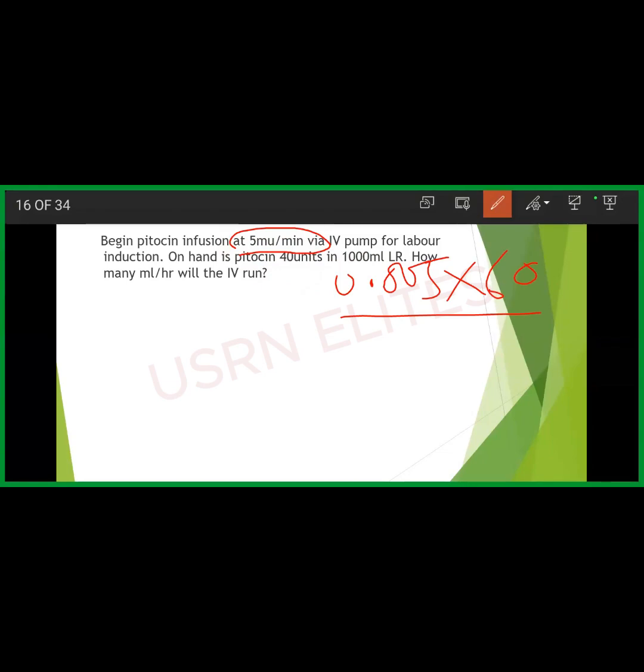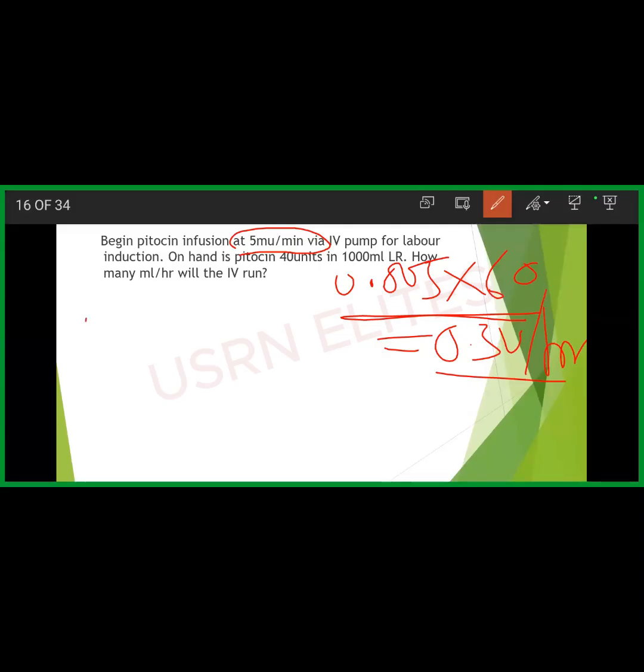Please, all of us, those of us who didn't get the 7.5, do we understand this one? Okay, yes. So what would we get? 0.005 times 60, what are we getting? 0.3. We get 0.3 units per hour. Good. So you've been able to convert this whole thing.